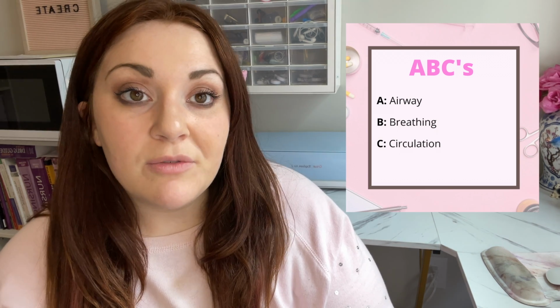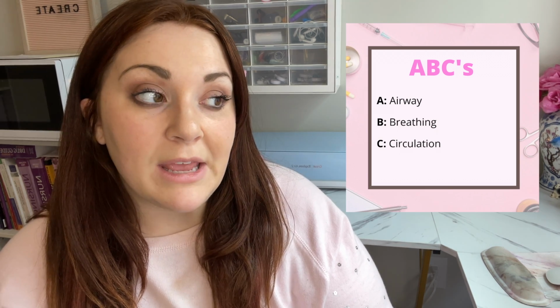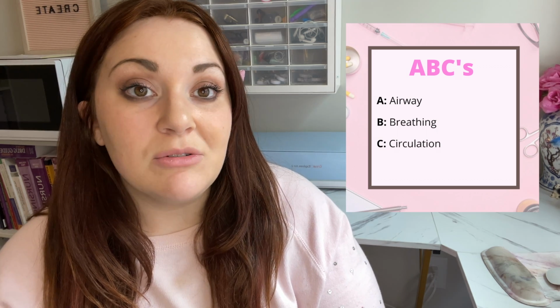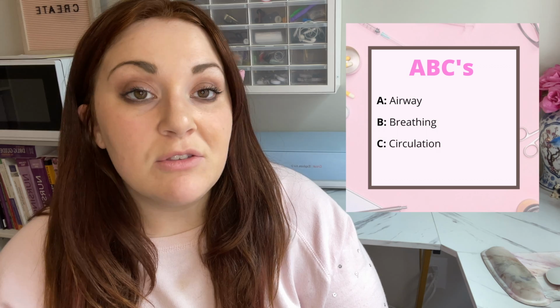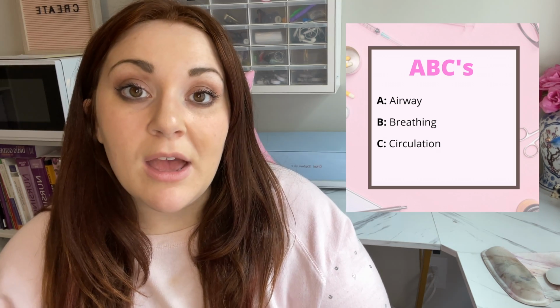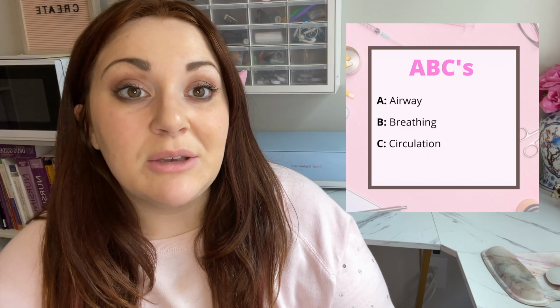An example of airway would be if somebody has something that's blocking their airway. They cannot get air in or out. That is a medical emergency. You need to intervene as soon as possible because they can't get air. Breathing, again, is kind of in that category. The patient might have an open airway, but they're having difficulty with breathing.